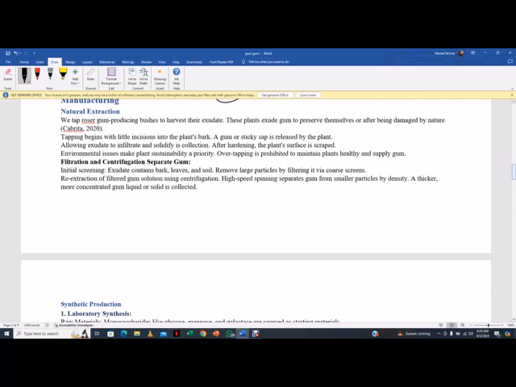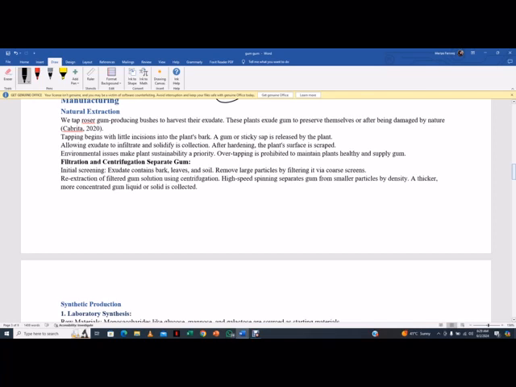The natural extraction of rosin gum involves specific plants from which to collect their exudate. First, we have to recognize which plants produce rosin gums. This process includes making incisions into the bark, allowing the gum to ooze and harden. The hardened gum is then scraped off and purified through filtration and centrifugation.